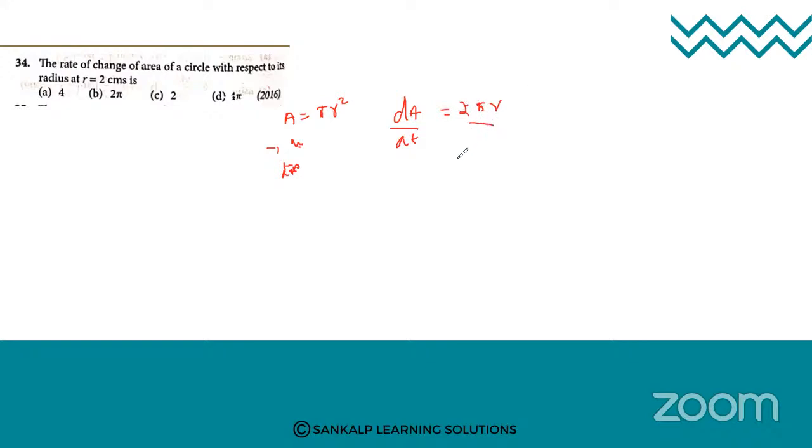So we need to substitute r is equal to 2, so it will be equal to 4 pi. So out of the given options, option D will be the right answer. We will also check the solution for this. Pay attention. So you can see the area is 4 pi.